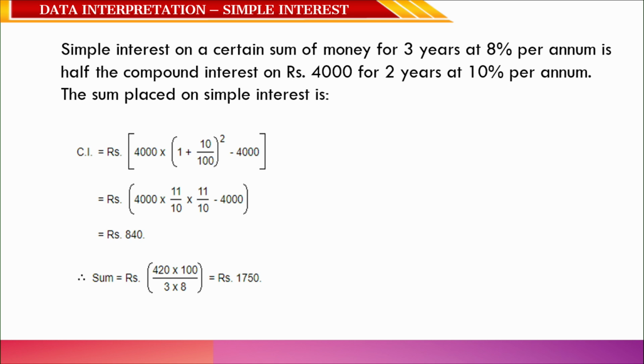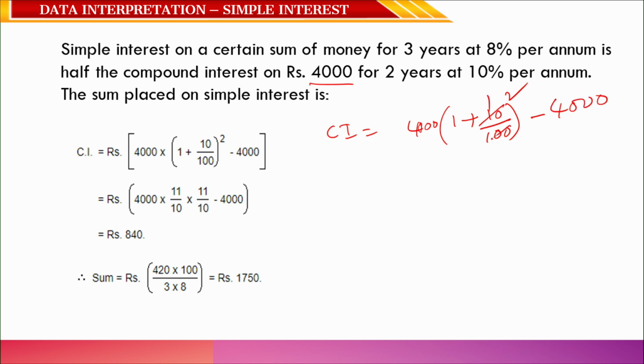Compound interest for 4,000 rupees for 2 years at 10% per annum. Okay. So, now we are going to calculate the compound interest. Principal amount is 4,000, 1 plus rate of interest 10 whole square. You have to subtract the principal amount 4,000, correct.